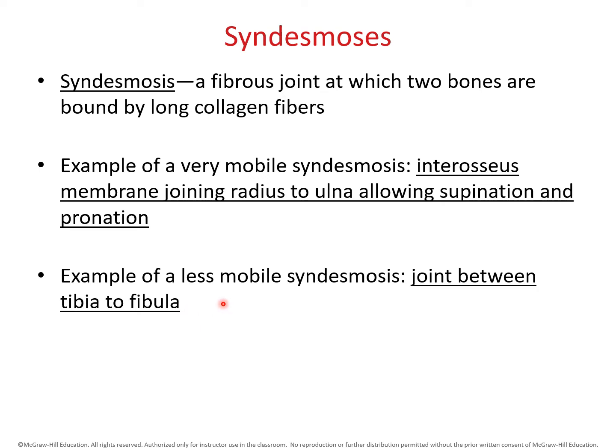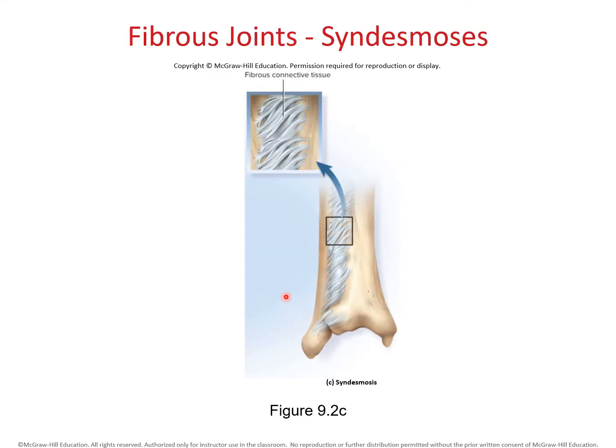And then we have a similar situation, an interosseous membrane between the tibia and fibula. In this case, we are not going to have very much mobility at all. We can do very little movement between those two bones compared to the radio-ulnar joint. So here's a picture of this interosseous membrane, showing you the tibia and the fibula.